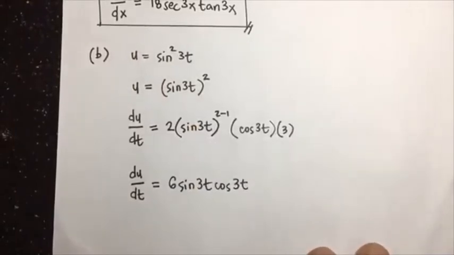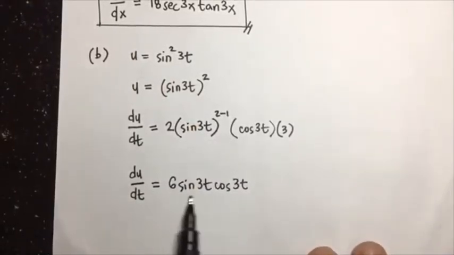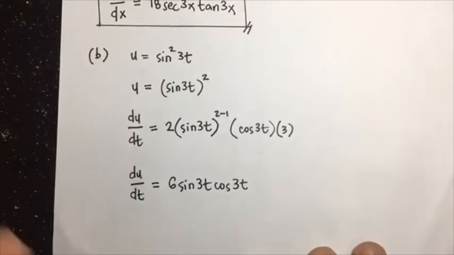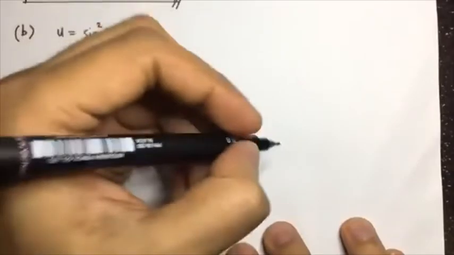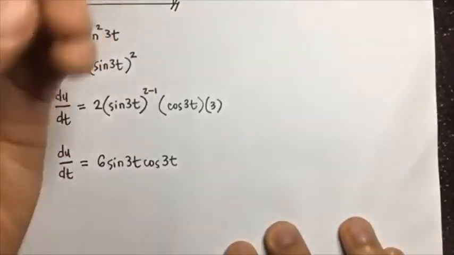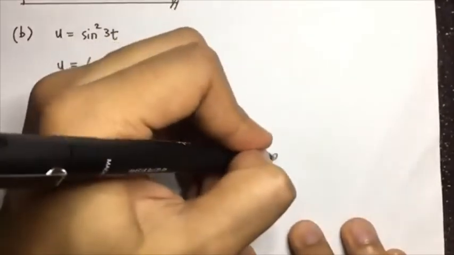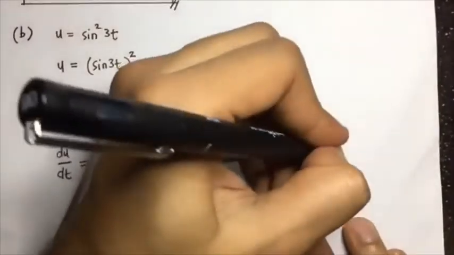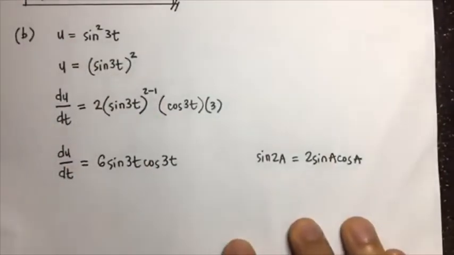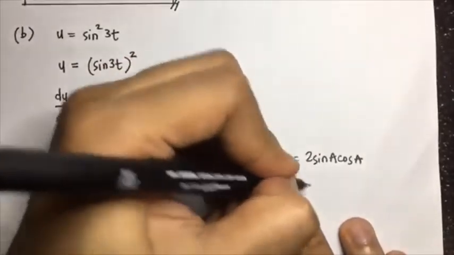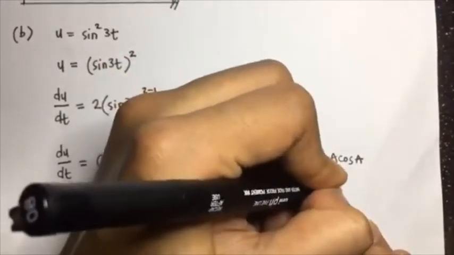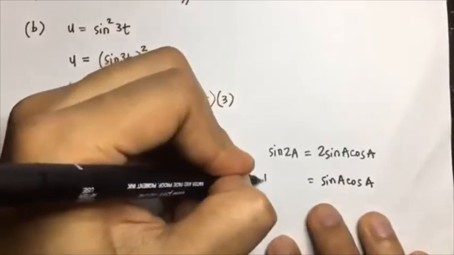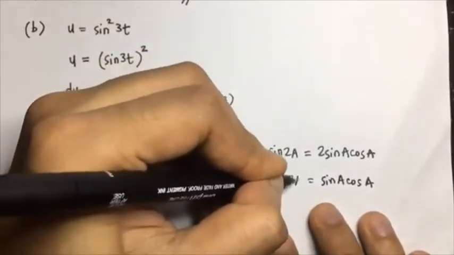You can have this as your final answer, or you can still simplify it using the double angle identity. Sine of 2a is equal to 2 sine a cosine a. Therefore, sine a cosine a is equal to 1/2 of sine 2a.